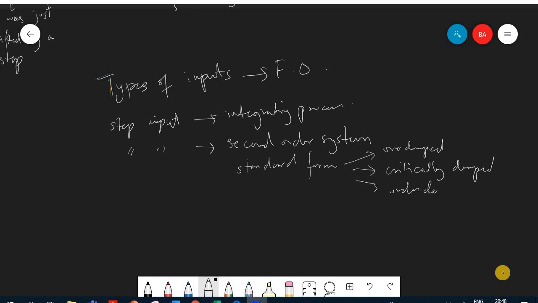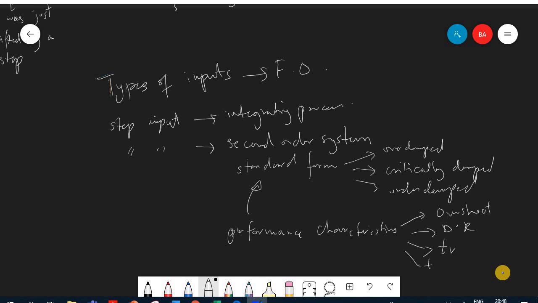Then we studied the performance characteristics of the second order, where we studied the overshoot, the decay ratio, the rise time, the settling time, and the time period.